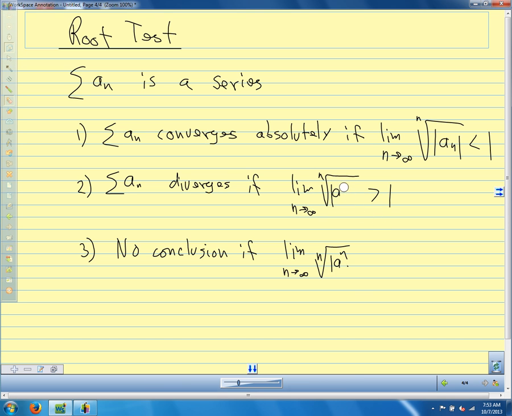This shouldn't be an exponent here, this should be a subscript. I wrote it right the first time. And if this equals 1, then there's no conclusion. And the root test, as you might guess, works well for series that involve nth powers of terms.